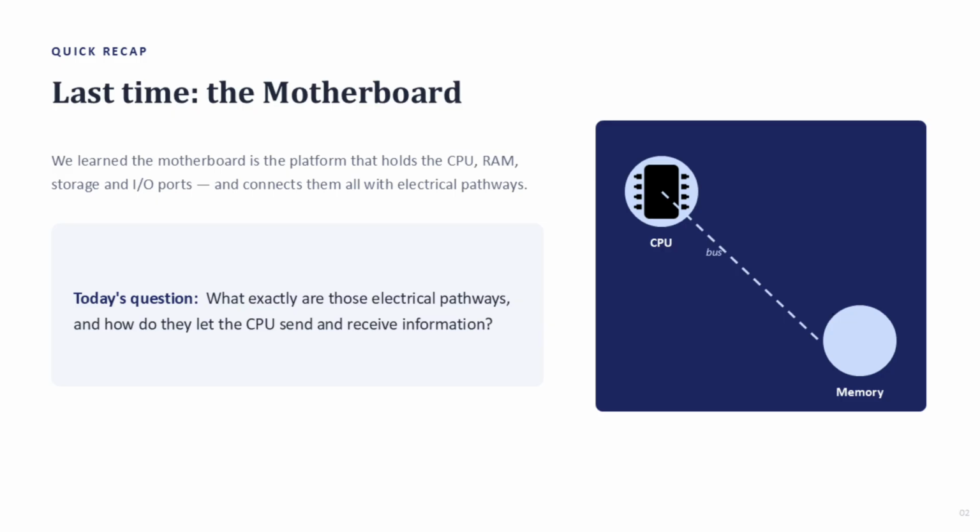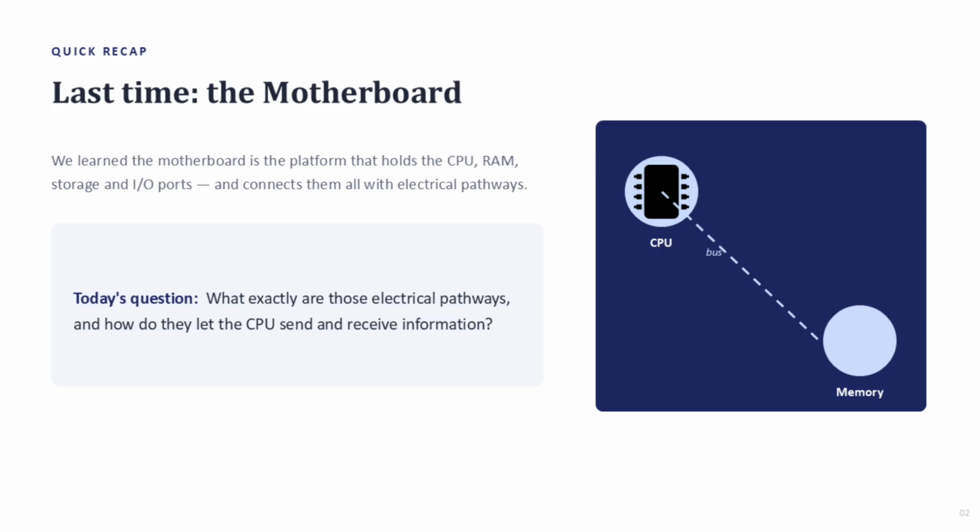Think of the motherboard as the infrastructure of a city. A city contains houses, offices, hospitals, schools, and shopping malls. But these buildings become useful only because roads connect them.